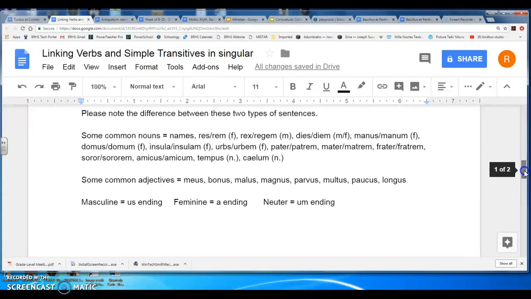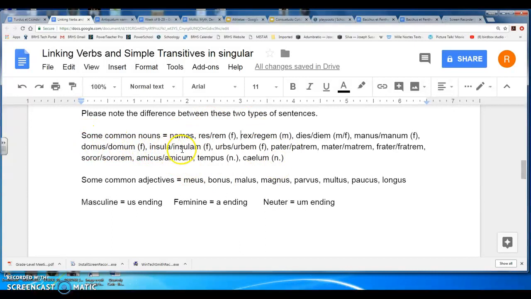Here's an example of some common nouns, singular subject form and objective form. So res, rem; rex, regem; dies, diem; manus, manum. Again, you see the m's coming up in the accusative case.